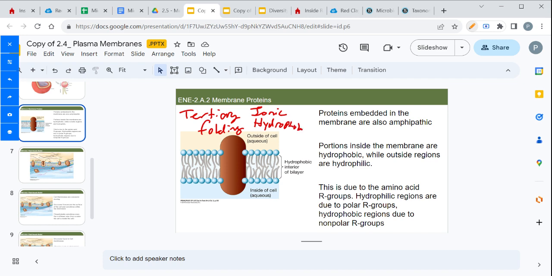You didn't write them down, but remember there's ionic, there's hydrophobic interactions, disulfide bridges. They're not really relevant here, but have that page on hand so you understand this next bit that I'm going to talk about.